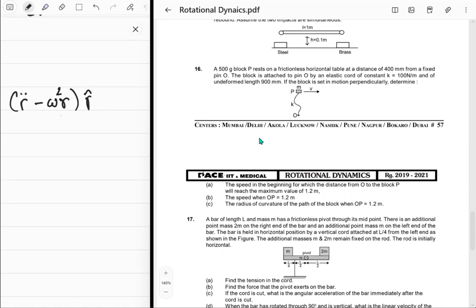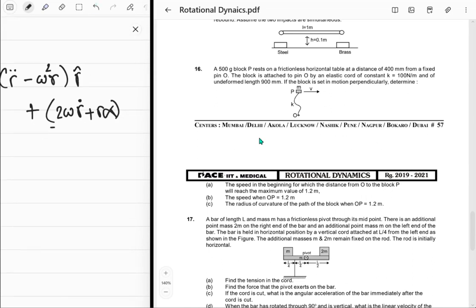And then for the tangential acceleration, you had 2 omega r dot plus r alpha. Yes, that is correct.